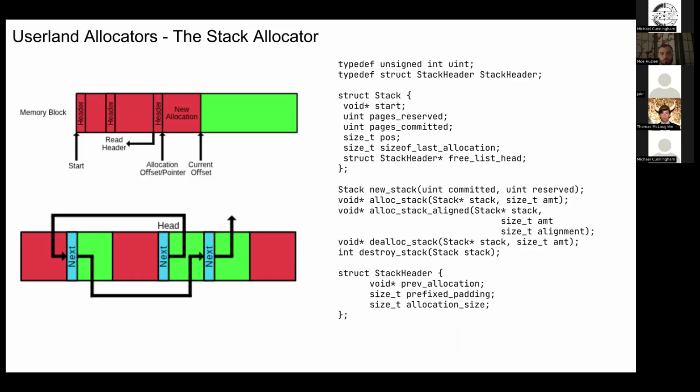But the reason we're calling it userland allocators is because all this logic right here, someone wrote that's running in your user space. It's not running in the kernel. This is running in your program. These are both custom allocators. They're very limited. I call them custom because they're limited like this. And typically when people use these, they write them themselves.